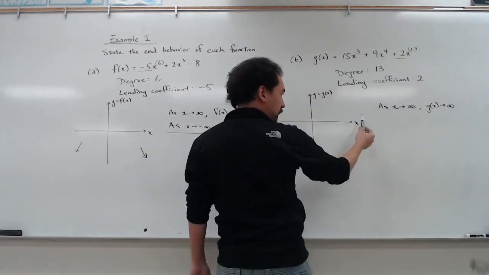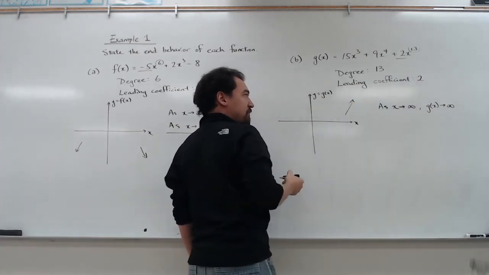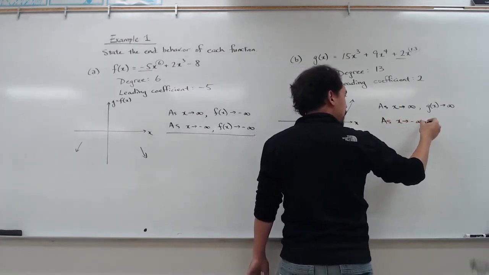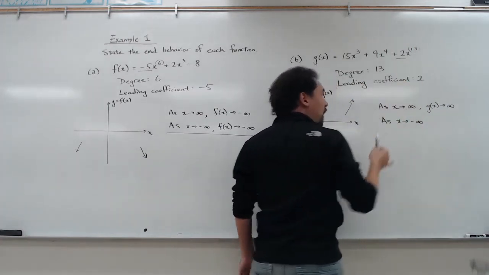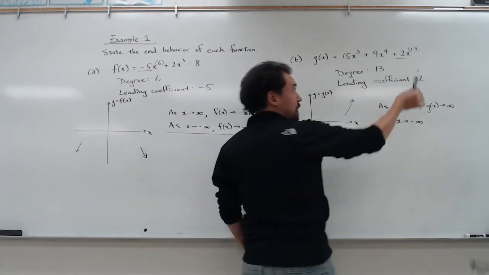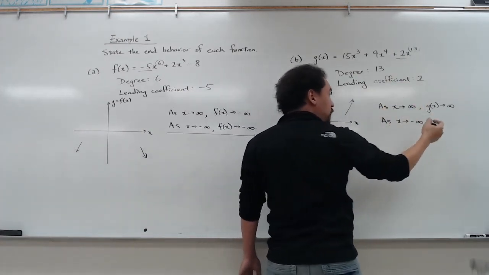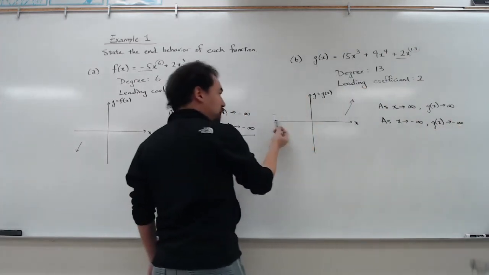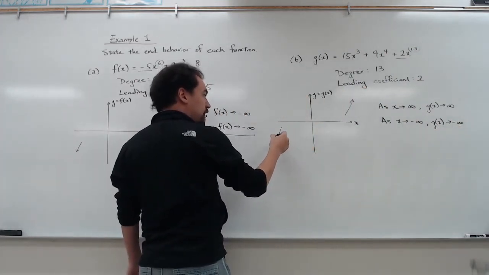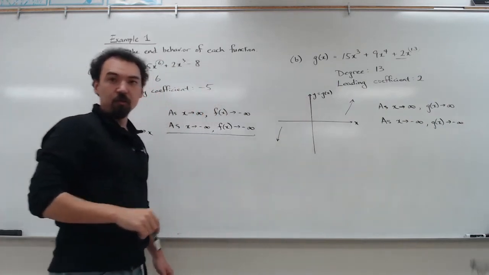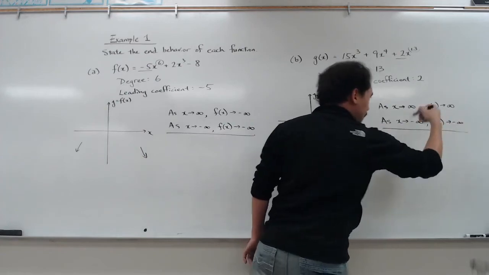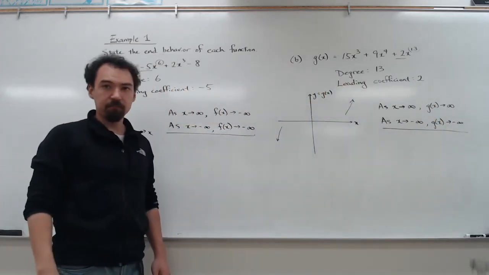So as I go toward the right, my graph is going to rise like that. Then as x approaches negative infinity, a negative number to the odd power is a negative number, times positive is going to give me a negative overall. g of x is very negative. So if I go toward the left, I'm going to go to a very negative number. And as we suggested, we're going to have alternating end behavior. This, put together, is a statement of the end behavior. Sound good?